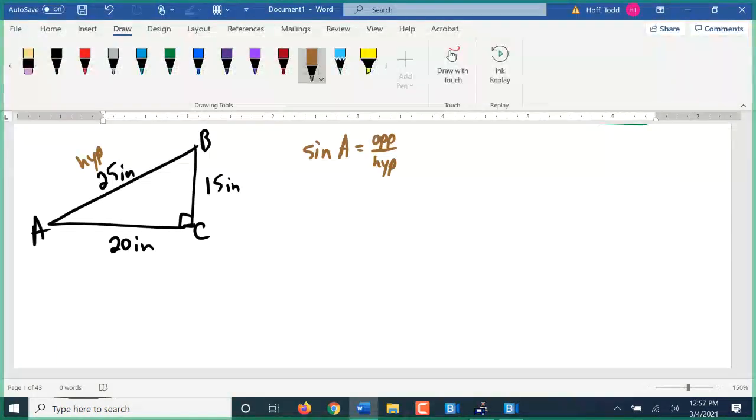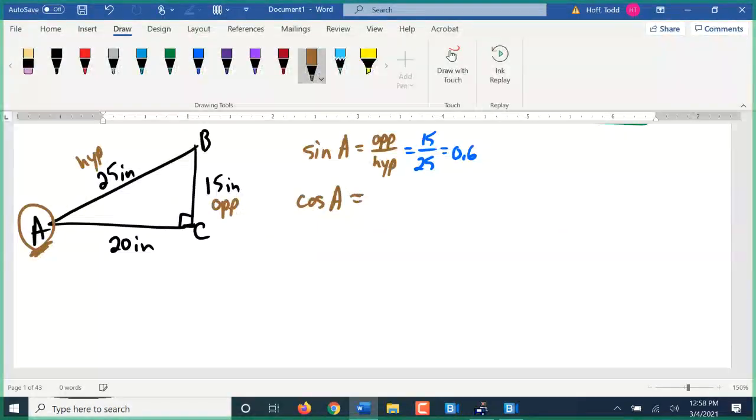According to angle A, which is right here, the opposite side is this one over here. The sine of angle A would be the opposite side, 15, over the hypotenuse of 25, which gives us 0.6.